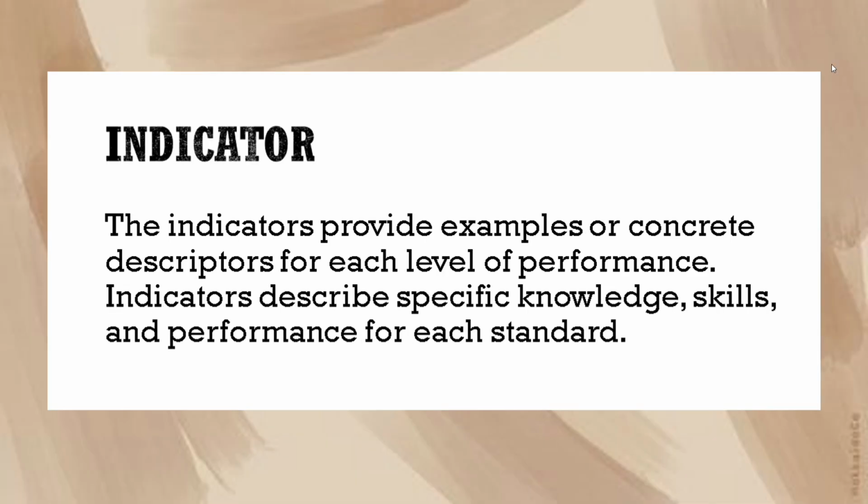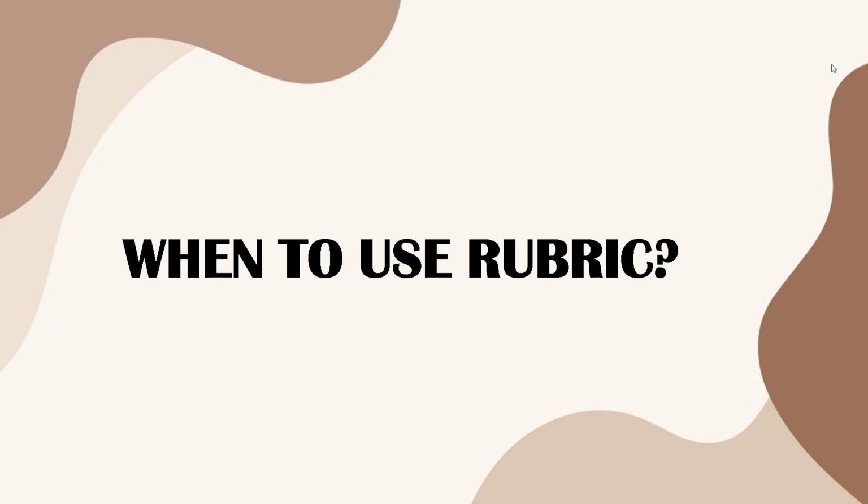Next is indicator. The indicators provide examples of concrete descriptors for each level of performance. Indicators describe specific knowledge, skills, and performance for each standard. So, when to use a rubric?